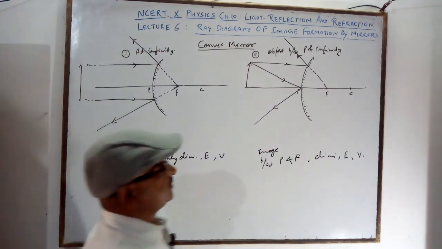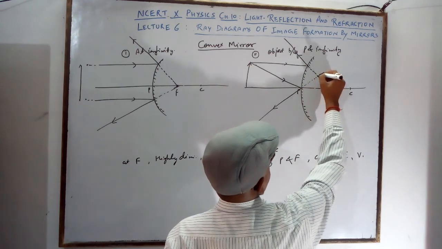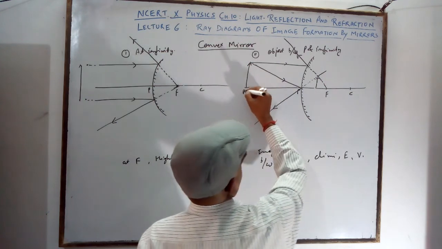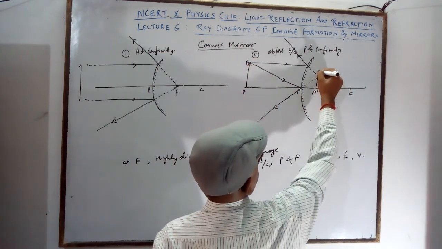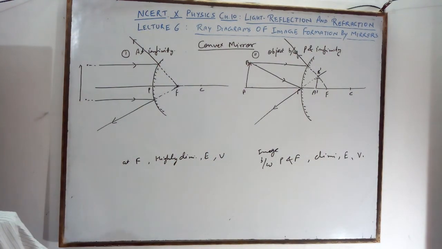When you produce these rays backward, where they intersect you get a virtual image of AB, that is A dash B dash. Here is the object, and here you are getting the image.